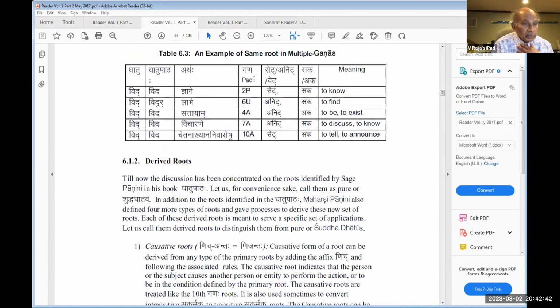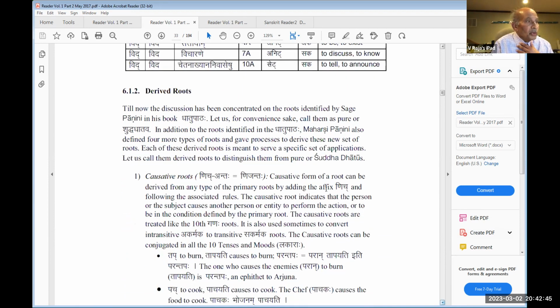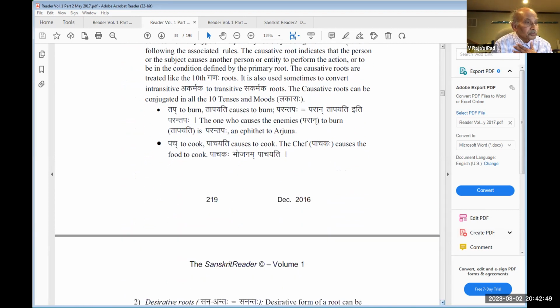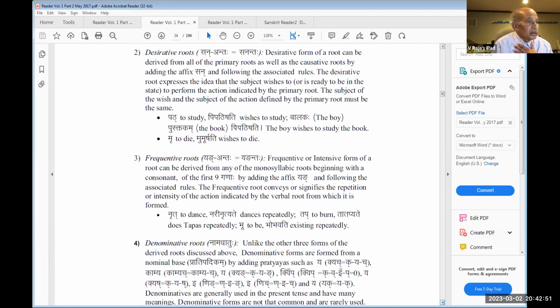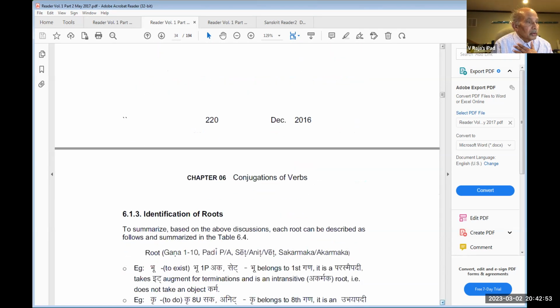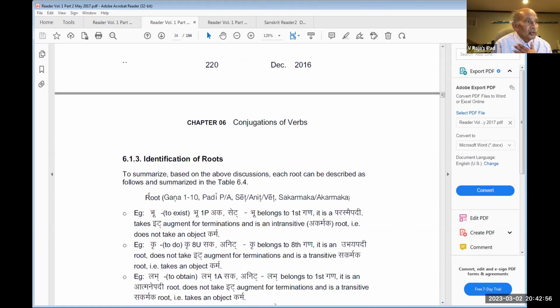And we will use them, but we'll explain in a slightly different way. So when you look at the root, you have to understand what gana it belongs to. It's 1 of 10.